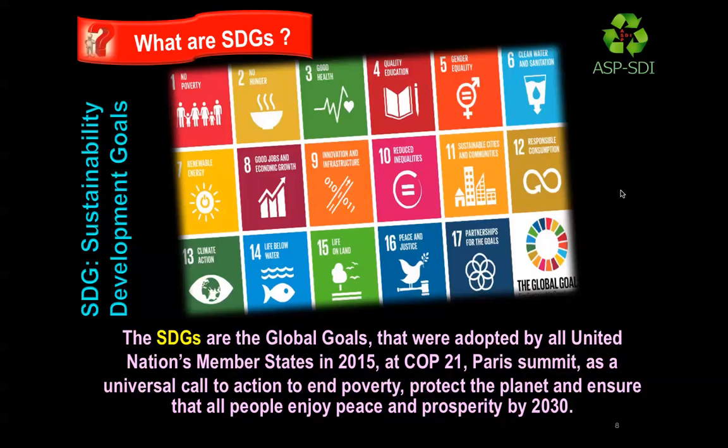However, these 17 sustainability goals actually summarize all the global challenges, whether it is a developed nation or a developing nation. All the challenges faced by the countries are categorized and brought into these 17 challenges, and these are called the 17 very important sustainability development goals.